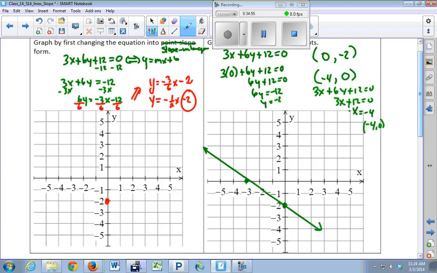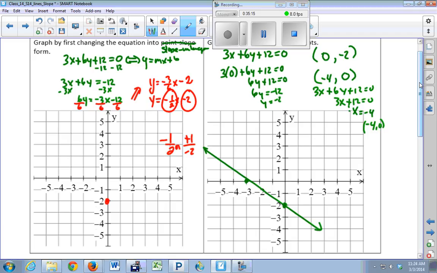And then some of you might have to put in an x and figure out a y. Some of you might feel comfortable using the recipe for slope. I'm either going to walk to my left 2 and up 1, or walk to my right 2 and down 1. So you could do either one.